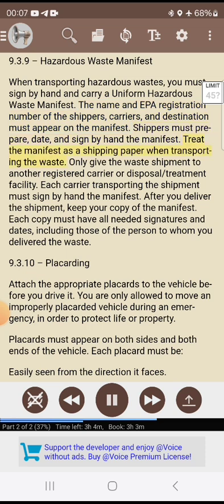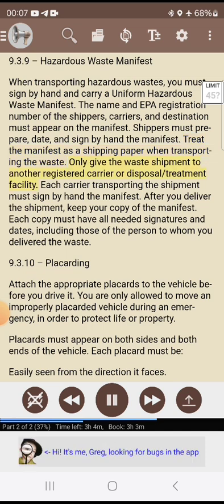Treat the manifest as a shipping paper when transporting the waste. Only give the waste shipment to another registered carrier or disposal treatment facility. Each carrier transporting the shipment must sign by hand the manifest. After you deliver the shipment, keep your copy of the manifest. Each copy must have all needed signatures and dates, including those of the person to whom you delivered the waste.